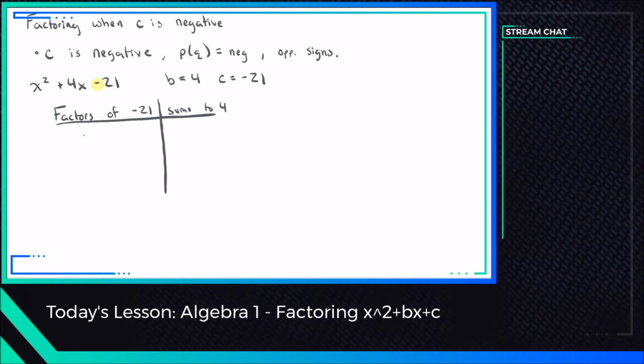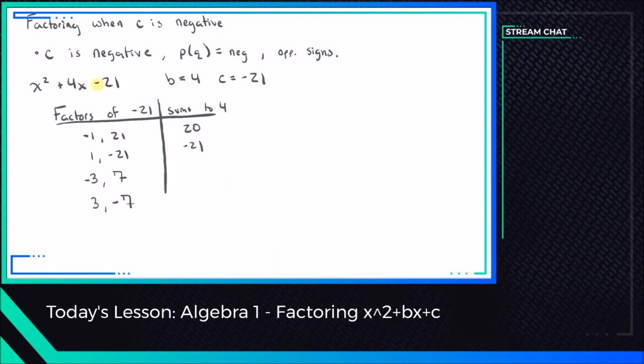Well, a negative 1 multiplied by 21 is equal to a negative 21, but a positive 1 multiplied by a negative 21 is also equal to negative 21. Then we could have a negative 3, and you can multiply that by a positive 7 to get a negative 21. Or you could take a positive 3 and multiply that by a negative 7 to get a negative 21 as well. The first pair adds to 20 and then negative 20.